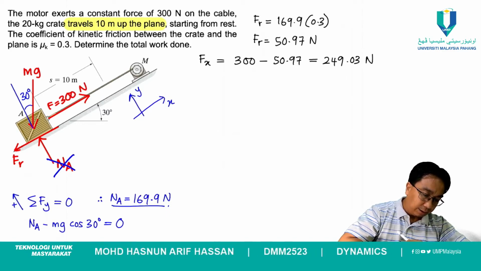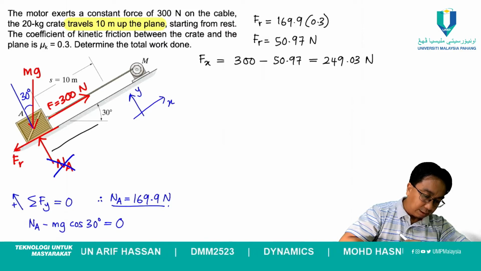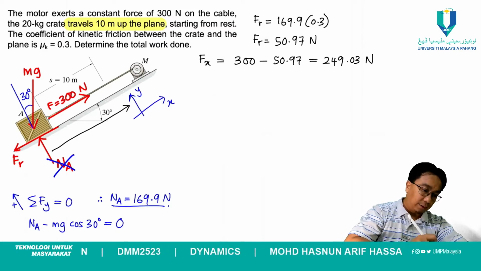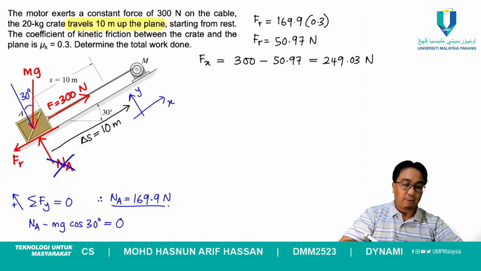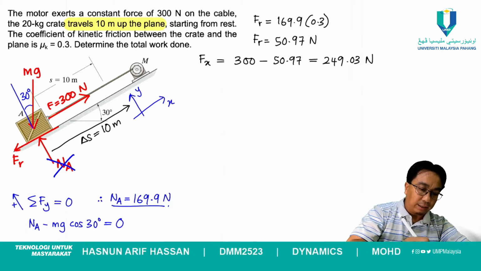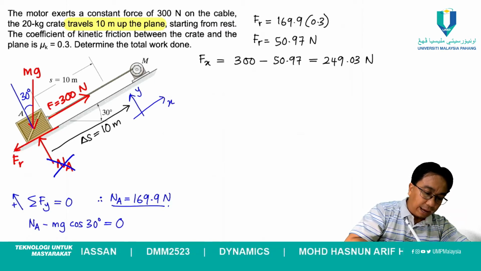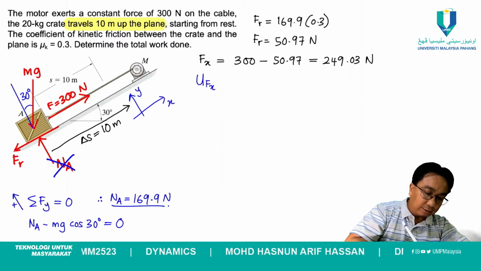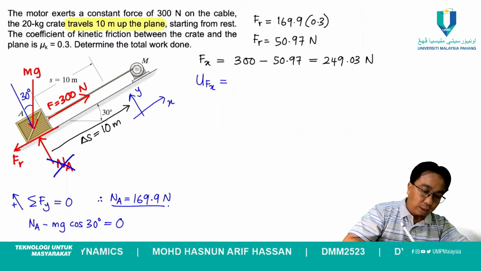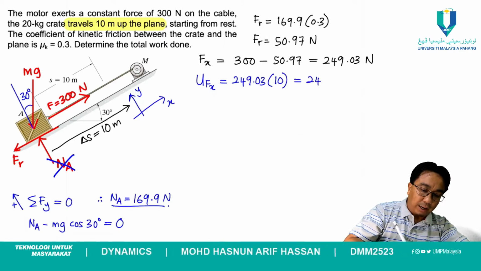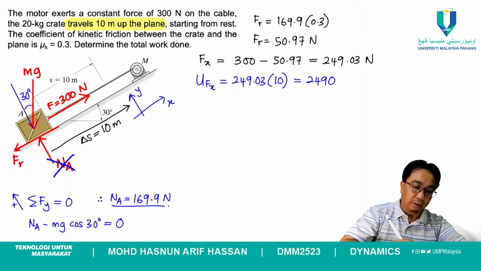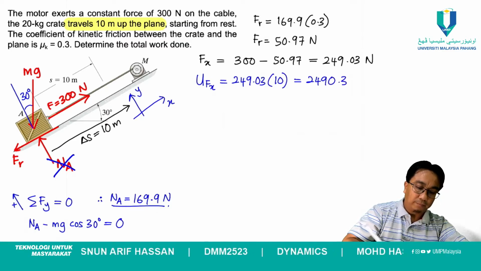So we know that delta S is equal to 10 meter. Okay, so then we can calculate UFx is equal to 249.03 times 10 meter, times delta S, which is 2490.3 joule.